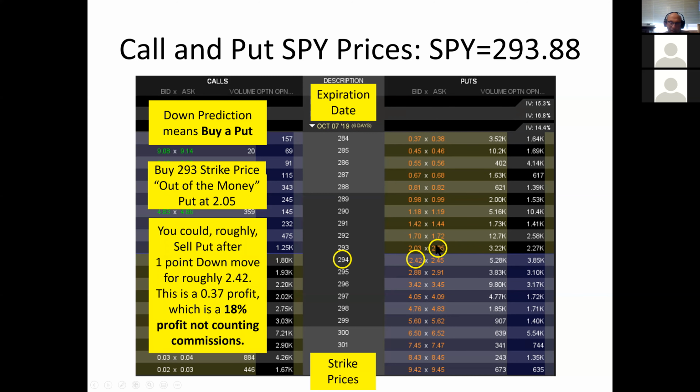And if, in fact, SPY goes down to 293, I would expect it to be selling at about 2.42. So the difference between these two is 0.37, which is 18%.